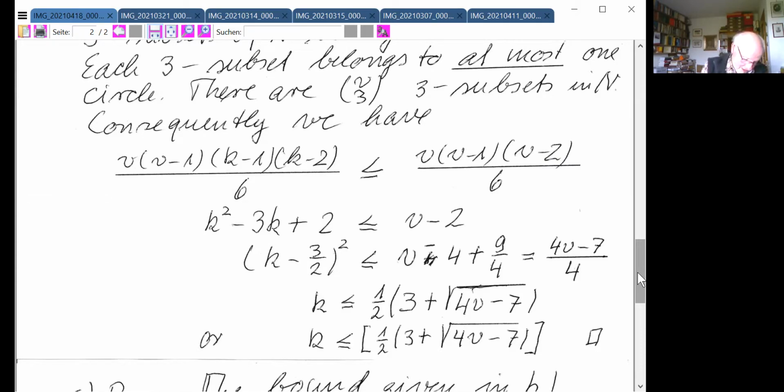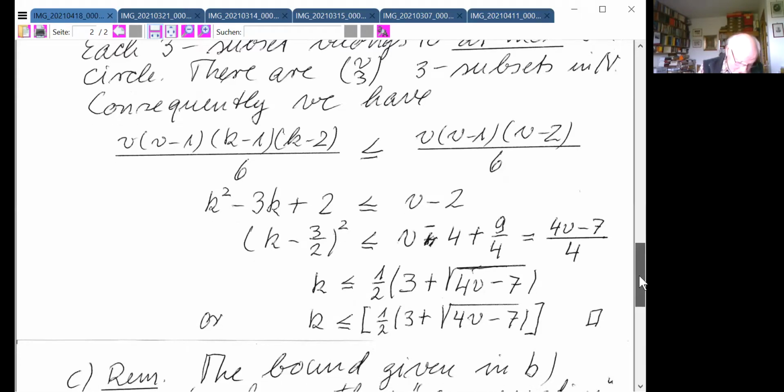So we get k is less or equal 1/2 times 3 plus the square root of 4 times v minus 7.